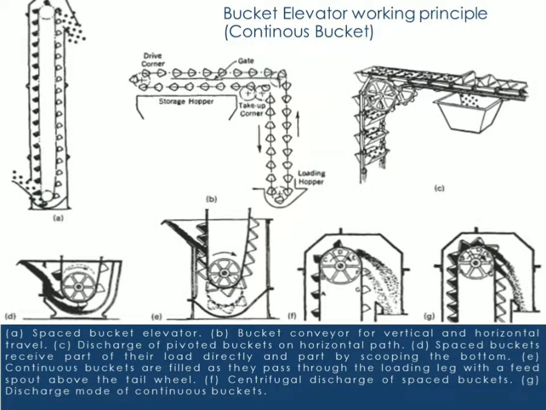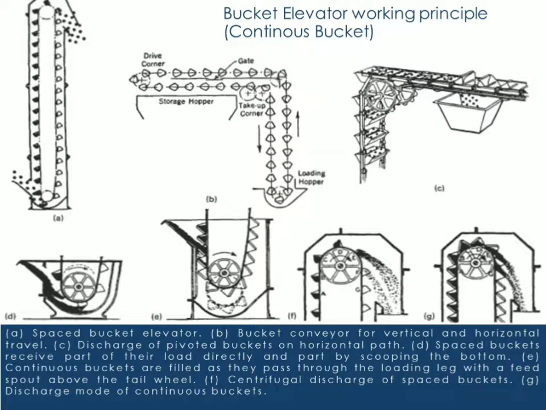Bucket elevator working principle on continuous bucket. From the picture, we know that the process steps are: A. Spaced bucket elevator. B. Bucket conveyor for vertical and horizontal travel. C. Discharge of pivot buckets on horizontal path.